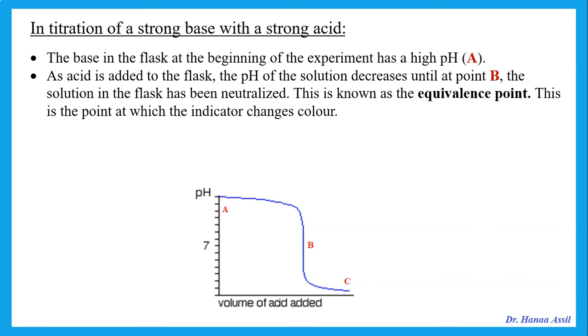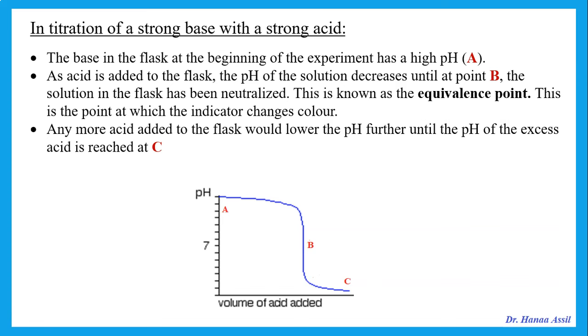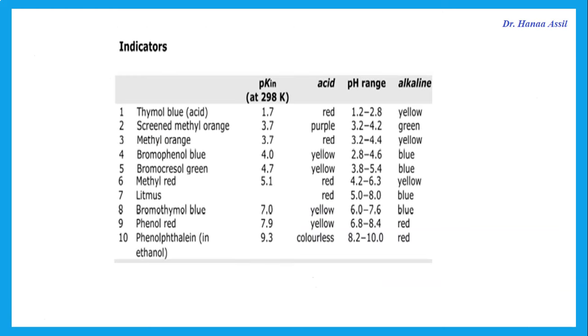So the pH halfway through B is the equivalence point, and this is where the indicator we're using should change color. So if we're asked which indicator to use, we want something that will change color at the pH in B. Any more acid after that means excess acid in the flask, and that means the pH will go down to the pH of the acid.